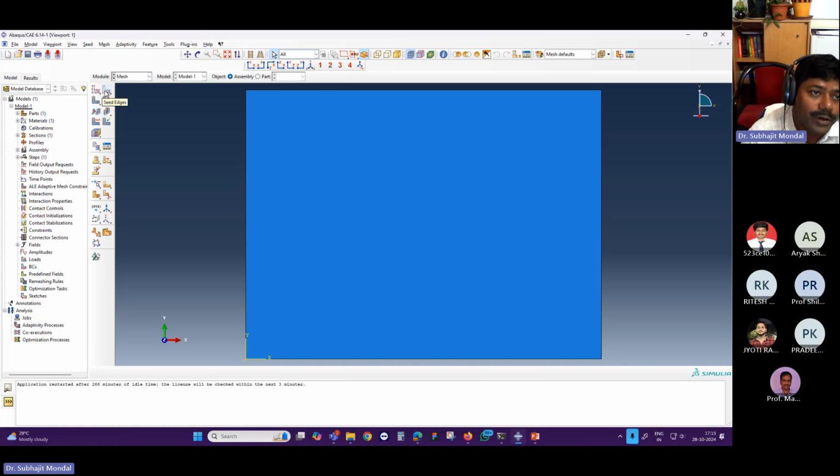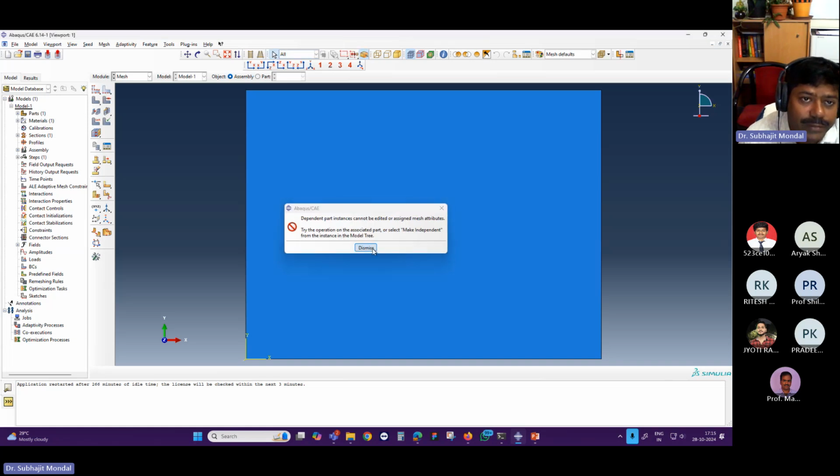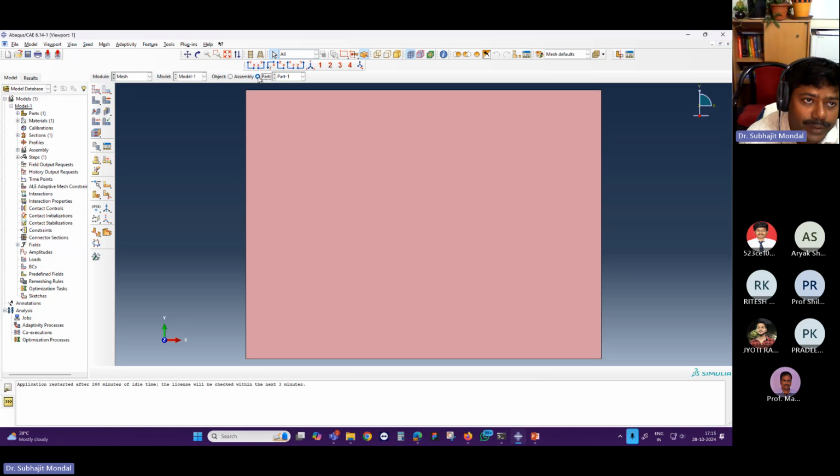Okay, so since we are using shell elements, instead of assembly we should use part here. Here we are going to discretize. We are going to give the seed value, in the sense basically we are creating the nodes here. You can create the nodes by considering edges, or you can define it as a whole part.